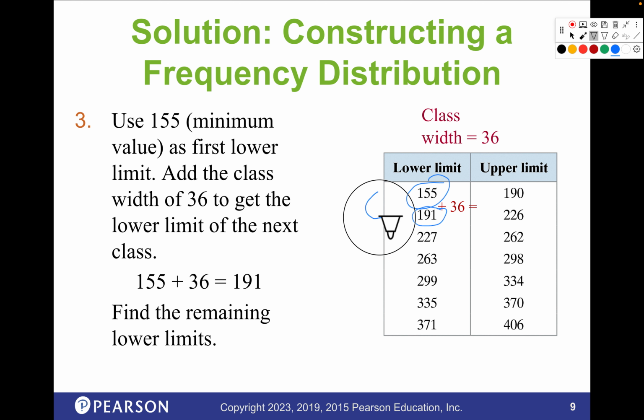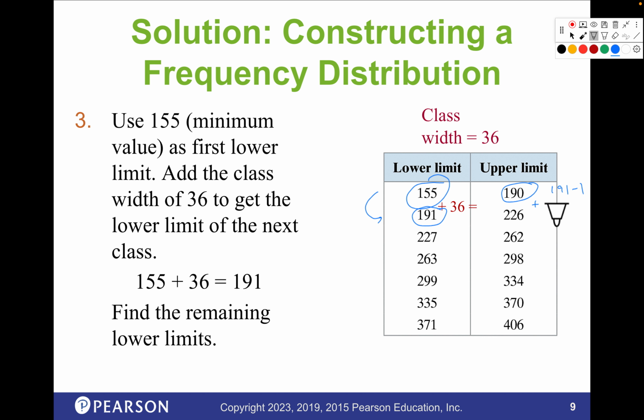To get the upper limit, you take the 191 and subtract 1 to back up, so the first class is 155 to 190.